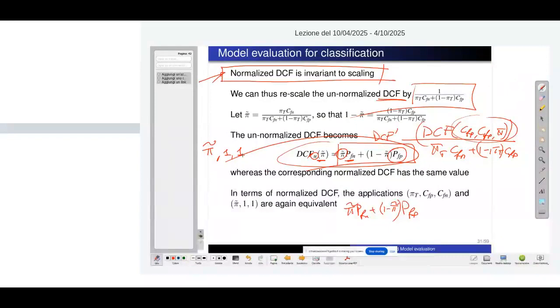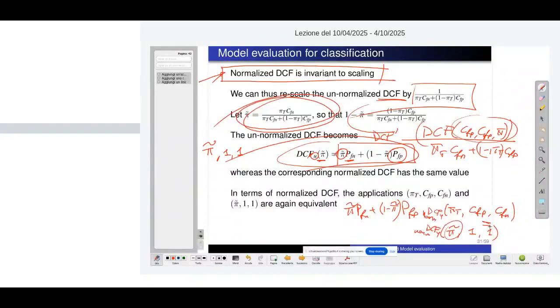That is the same normalized DCF. If we consider an application that has prior pi, with given costs of false positive and false negative, and we consider an application that has a prior pi tilde given by this relationship, then these two applications will have a different unnormalized DCF, but the normalized DCF will be the same.